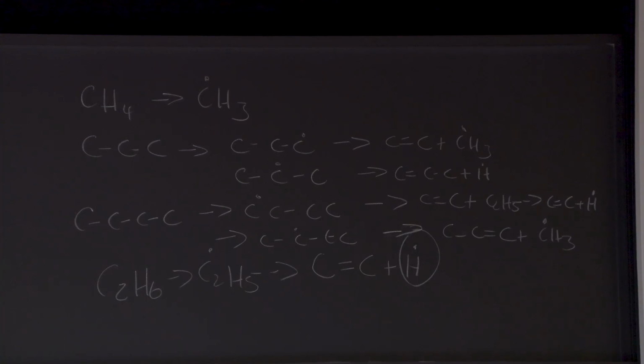And then in between that, we have propane, butane, and pentane. But if we look at the decomposition of propane, propane can undergo H atom abstraction producing n-propyl and isopropyl radicals. N-propyl radicals will then undergo beta scission to give ethylene plus methyl, not a H atom, or propene plus H atom.